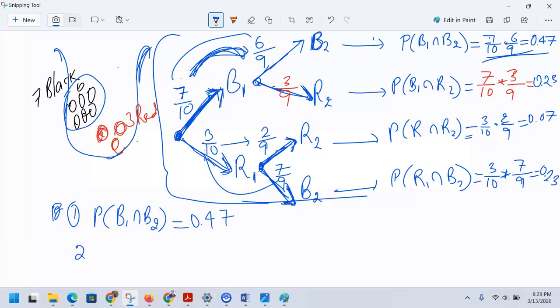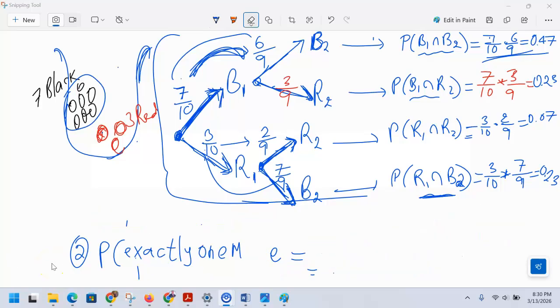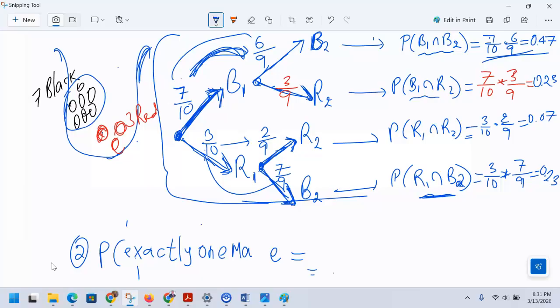I think the second question is probability that exactly one marble is black, right?